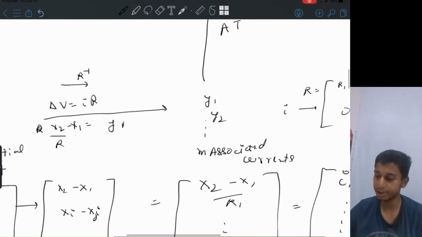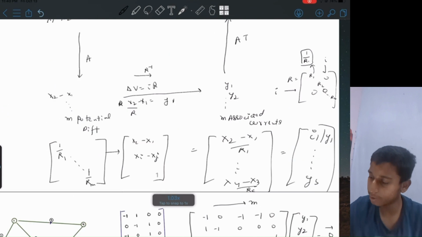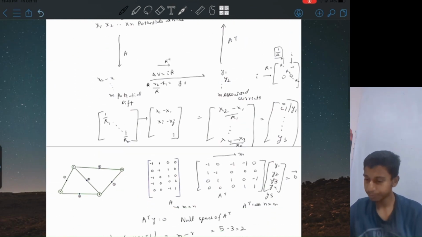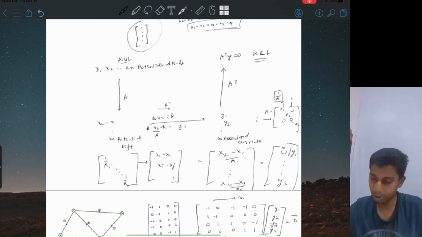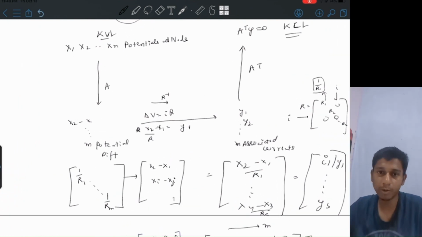R inverse would mean that for every element I just have 1 by R1, and similarly. So that's how the various things are linked with the help of a matrix.